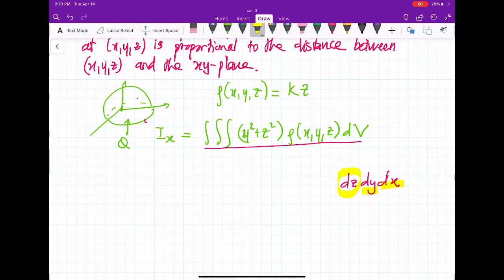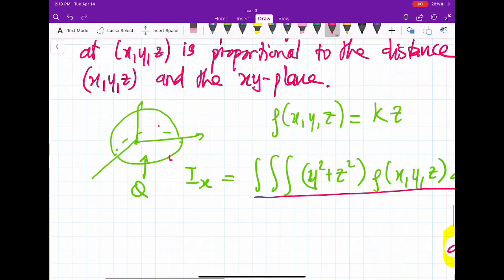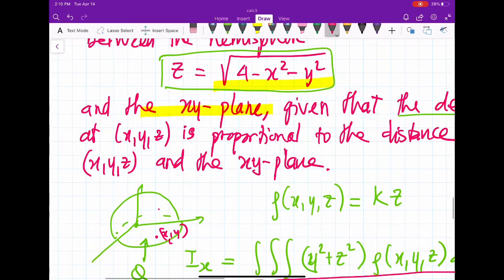So if you fix x and y, that means you fix a point, x and y right here. Look at this picture. If you fix the point x and y right here, you need to find the interval of z. And from the equation, z goes from 0 to the point on the surface, which is f of x and y.